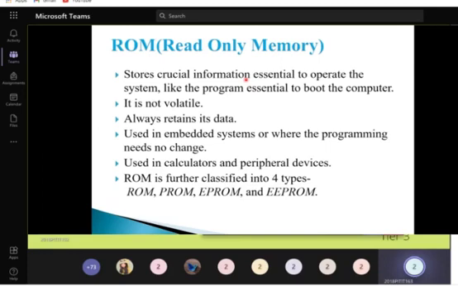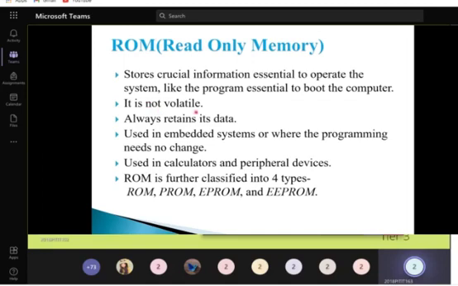It takes time for booting to get our OS file. The booting programs and all those things will be stored in this ROM only. And it is non-volatile: when the power is off, the content will not get erased. It will be there only.